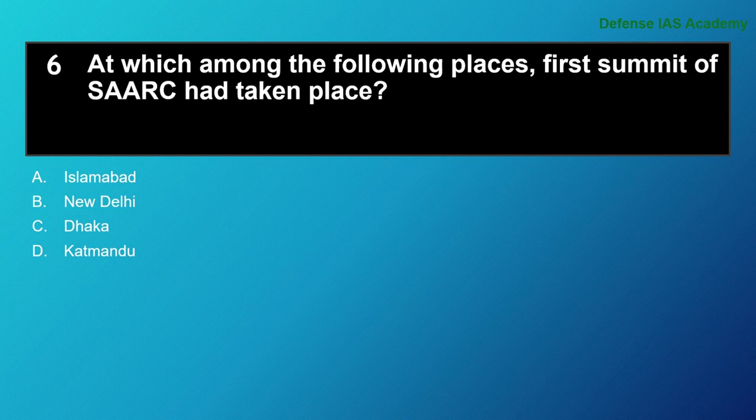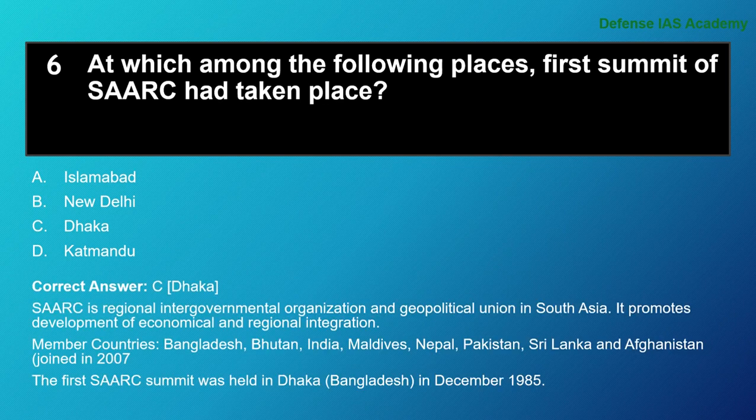At which among the following places did the first summit of SAARC take place? The answer is option C, Dhaka. SAARC is a regional intergovernmental organization and geopolitical union in South Asia.